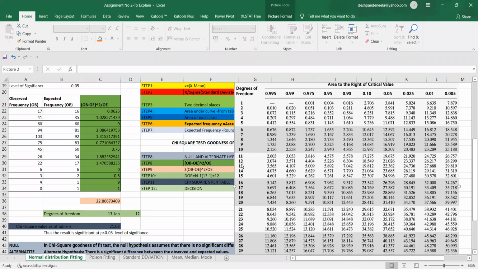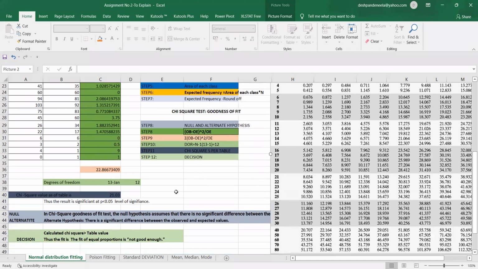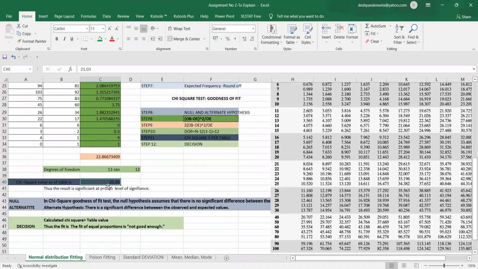So here is my 12, and if I go here, for 0.05, this is my chi-square value, which is 21.026. So I'll just write it here, 21.026, or you can write it as 21.03. Once you get this value from the table, you can calculate the p value also.